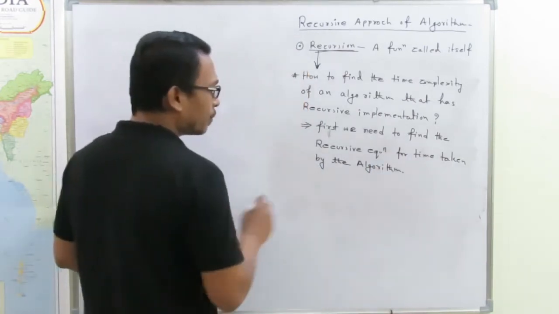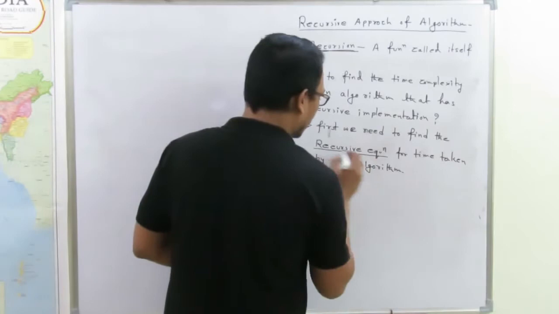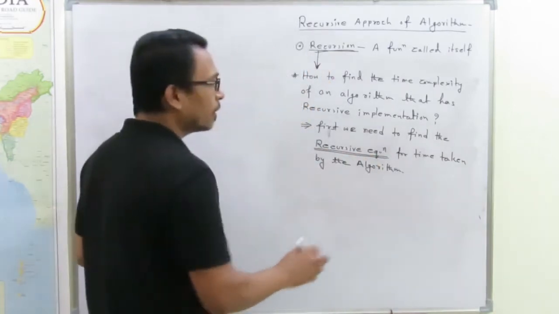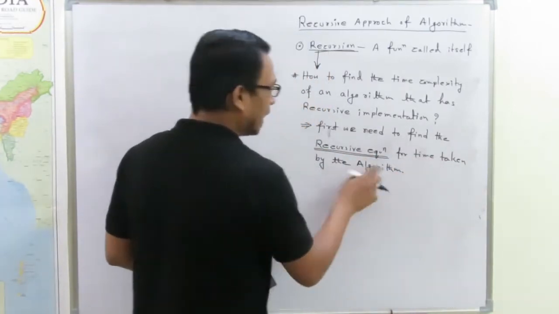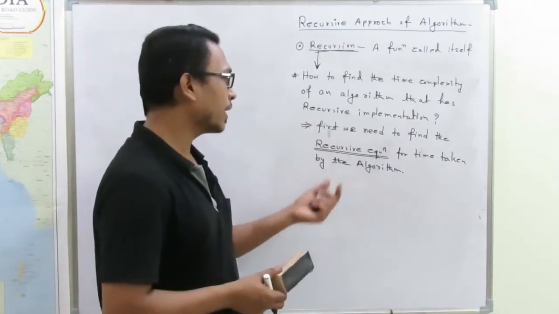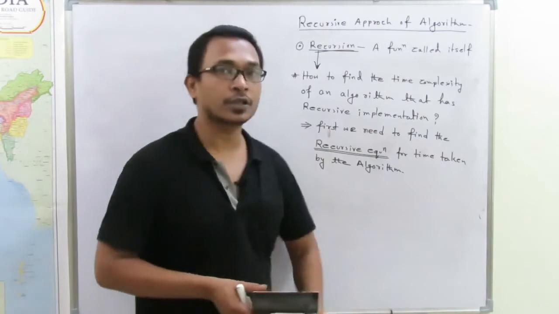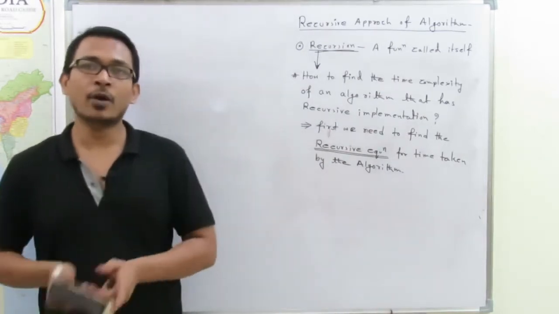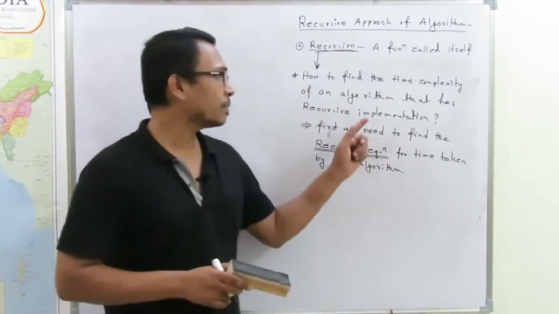So first step is to find the recursive equation for time taken by the algorithm. Clear? After finding the recursive equation, we can use this recursive equation to find the time complexity of this particular type of algorithm.